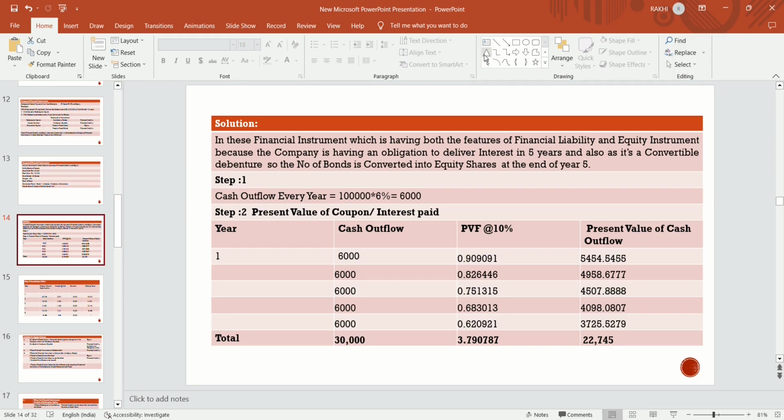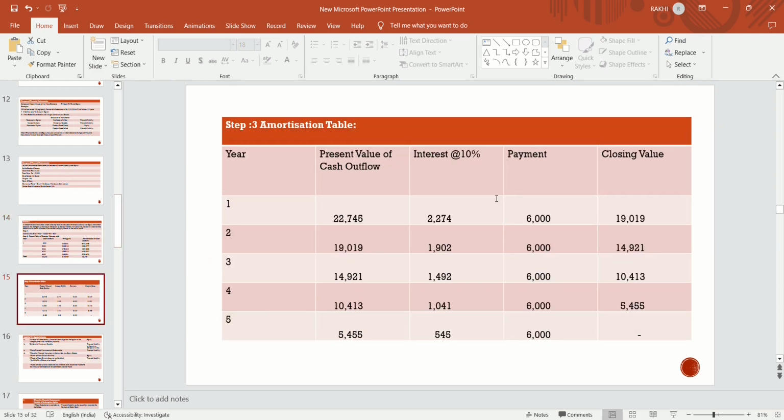The present value factor at the rate of 10% becomes 3.7901, and the total present value of the cash outflow becomes 22,745. Now, how should the amortization table be prepared for that?